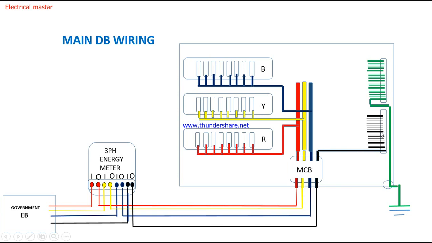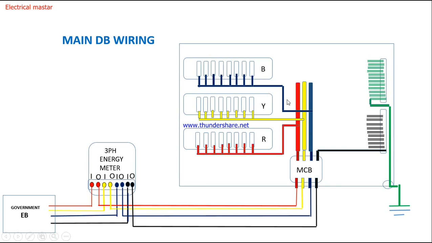From the neutral bus bar we can take a neutral to each phase. We know neutral we can easily loop. If you take one neutral to one room, that neutral is enough to complete the room circuit. So neutral will always be looped. Only the phase you have to give to the different loads.